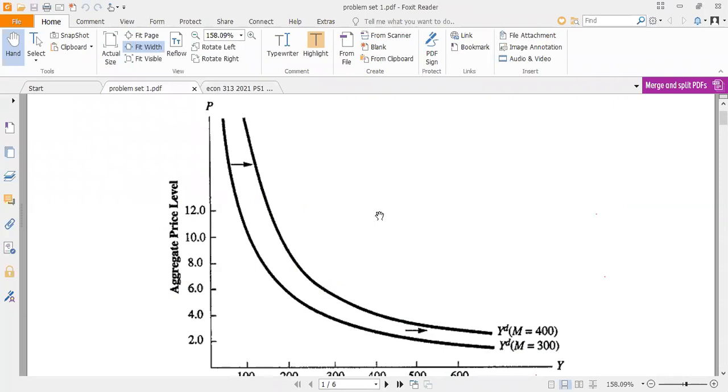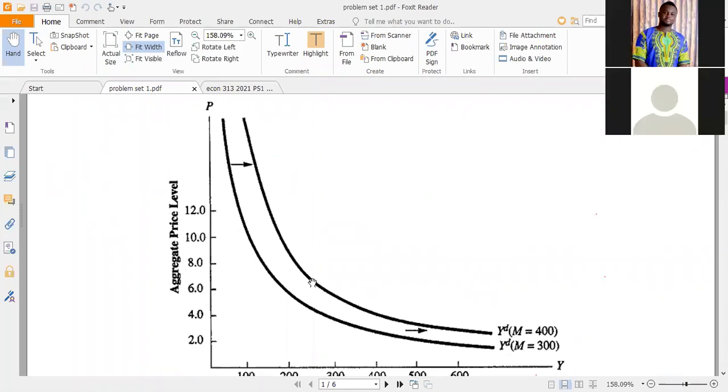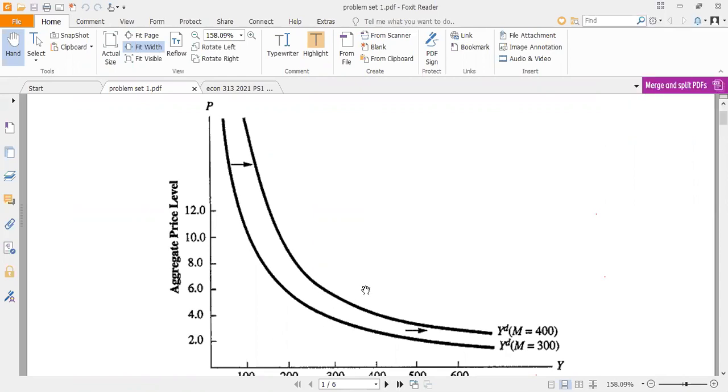We get our aggregate demand curve by looking for combinations of price and output level that are consistent with the equation of exchange. Whenever you increase money supply, that's when the central bank goes for an expansionary monetary policy, it causes an outward shift in the AD curve. So whenever you increase money supply, the aggregate demand curve will keep on shifting to the right.